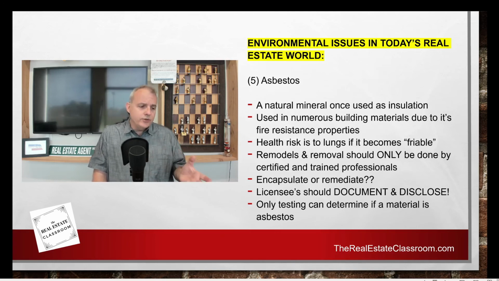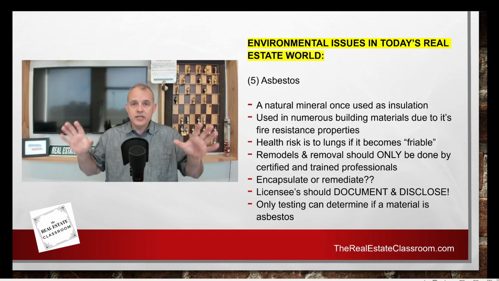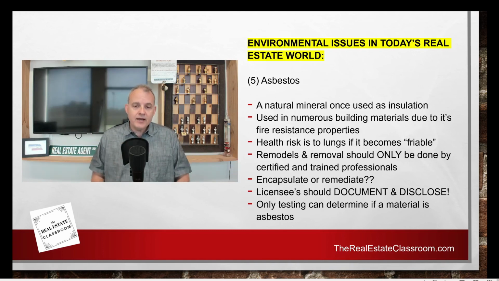So what do we do? How do we get rid of asbestos? Well, first of all, we may not get rid of it. We may encapsulate it. We may seal it, or it may be in good condition, so we're going to leave it there. But if we have to remove it, understand this.